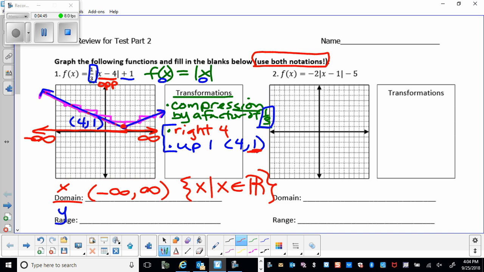All right, so my y's start at 1 and they go up forever, because both sides go to positive infinity. So my range would be, well, the lowest y value is at your vertex. That's 1. Oh, it includes 1, so I'm going to use a square bracket. So I've got a square bracket, there's 1, and it goes to positive infinity. And if I want to write that with set notation, I would say those are my y's, and y has got to be greater than or equal to 1.